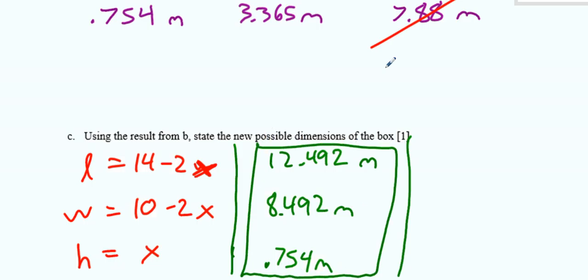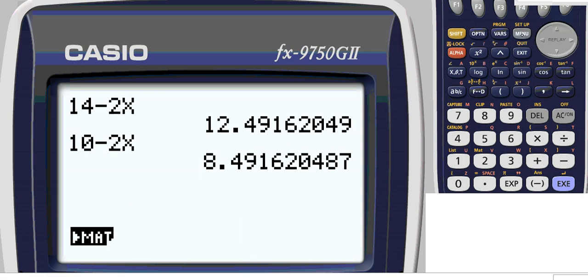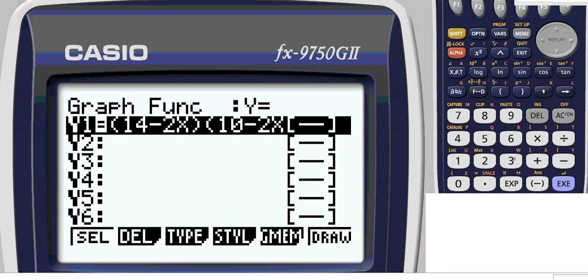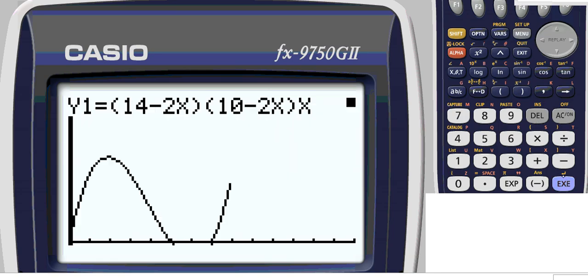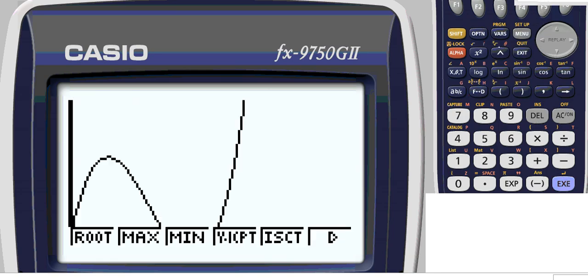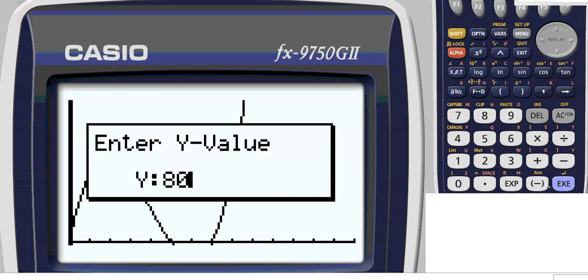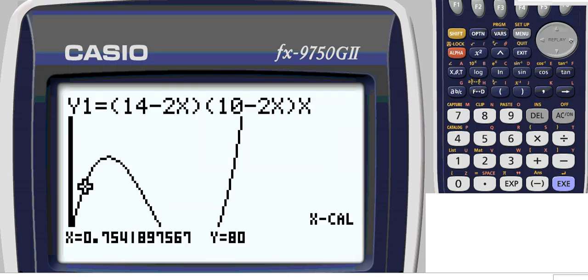The other set of dimensions we're just going to get from using our other x value, 3.365. So if we go back to the graph and get our xcalc back. Could have also just typed it, doesn't matter. There's our x value.